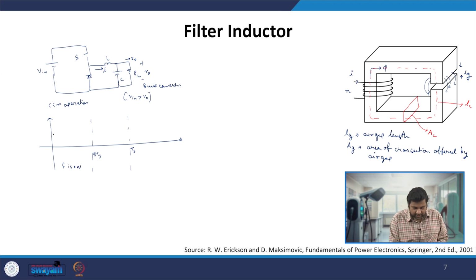So the inductor current will rise linearly with a slope equal to V in minus V naught by L.